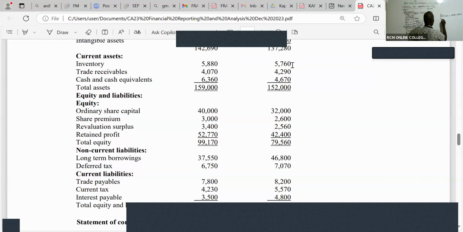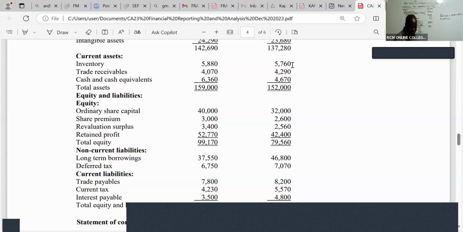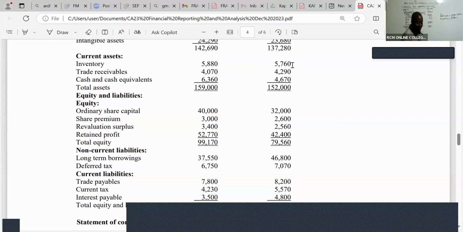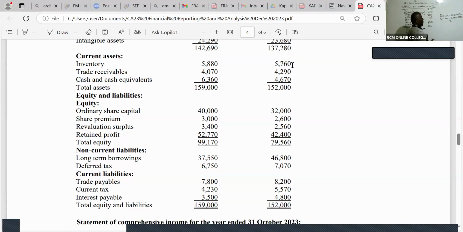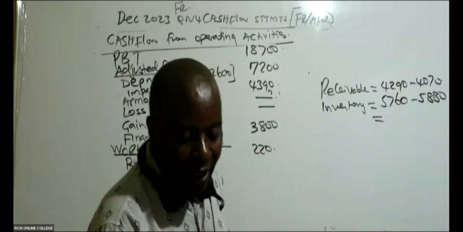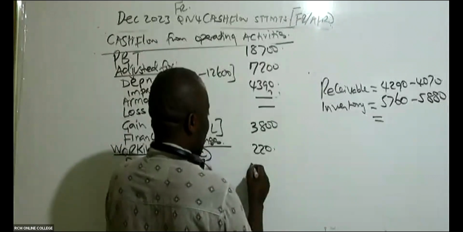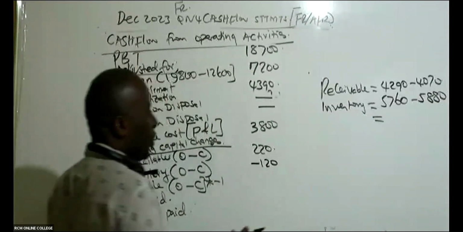Inventory: 5760 opening minus the closing, 5880. If I get a negative, I'll write that number the way it is. This is the good thing of working with this approach. You write it the way it is.